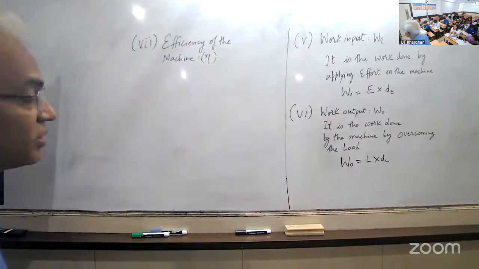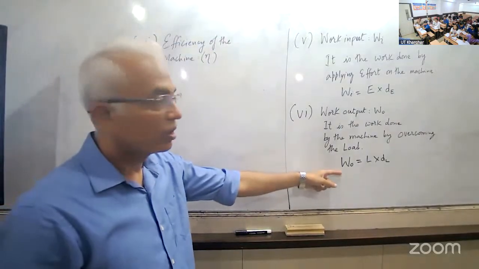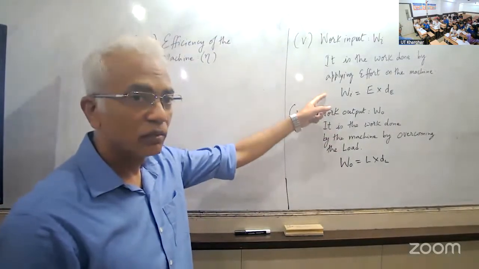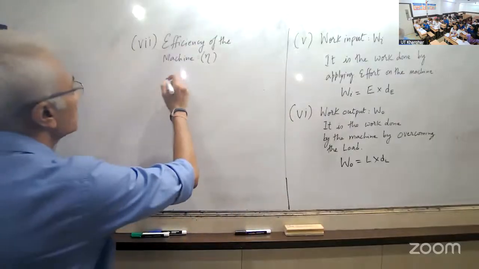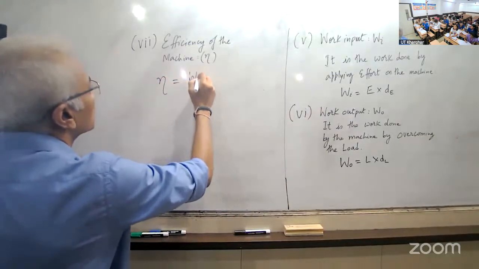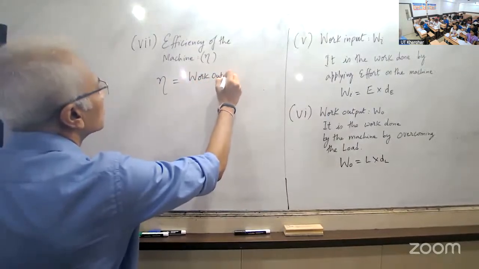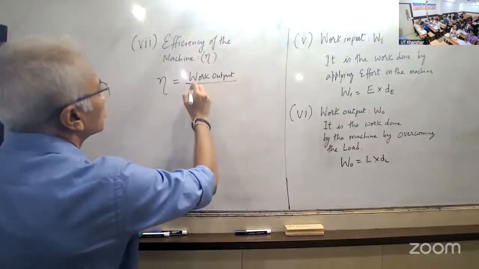So what is efficiency? It is the ratio of work output upon work input. So how do you define efficiency? Efficiency is defined as work output upon work input.